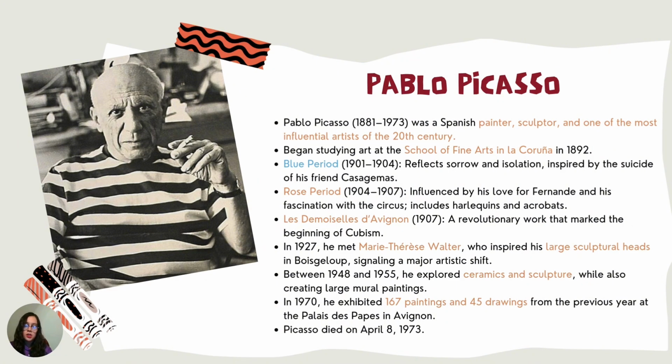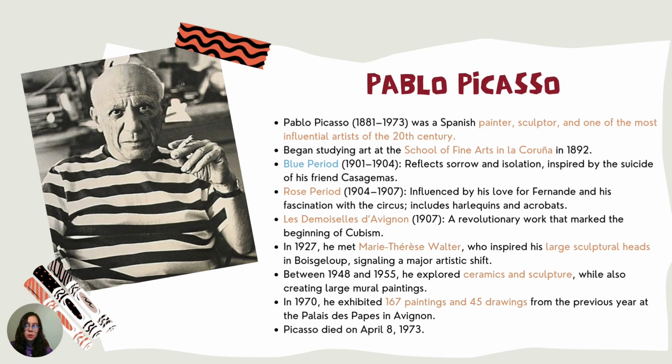Picasso began his studies at the School of Fine Arts in La Coruña, and he had a Blue Period, which reflects the sadness and isolation caused by the suicide of his friend Casagemas. And this is shown through a cold color palette and themes of human misery and despair.